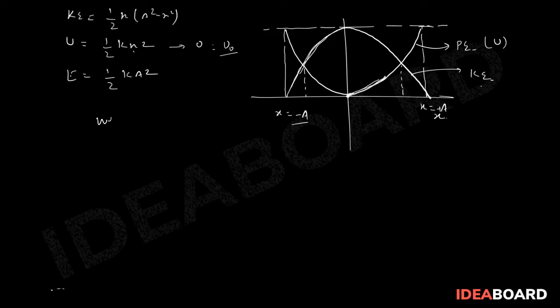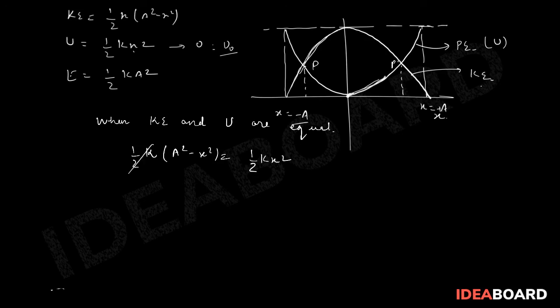When kinetic energy and potential energy are equal, using that equality, half k into a square minus x square is equal to half k x square. Both functions have the same value at this point, let's say P and P dash.